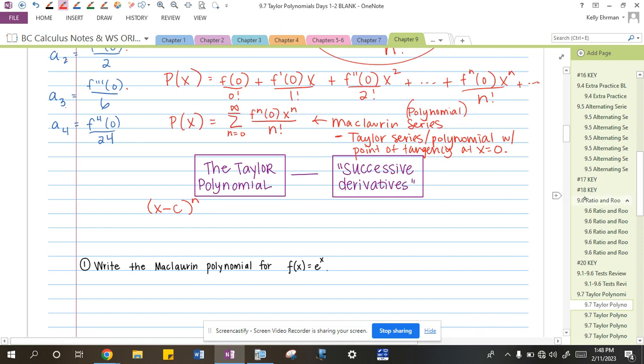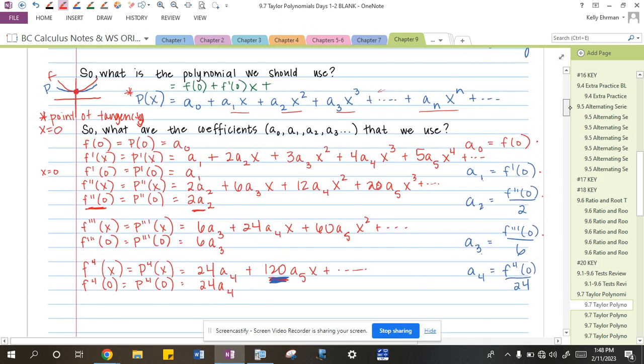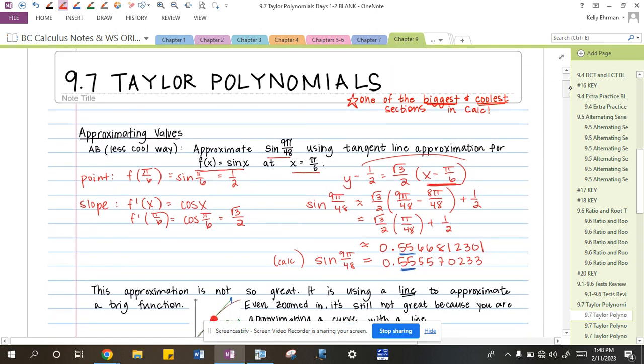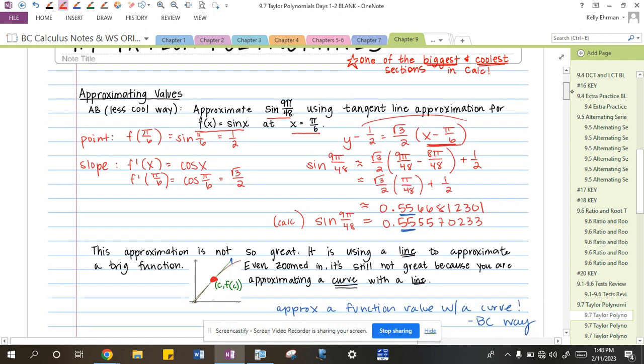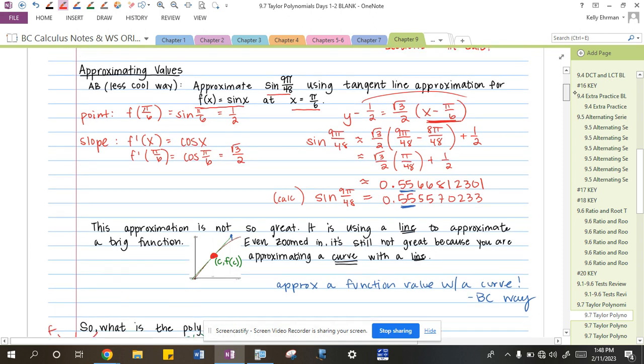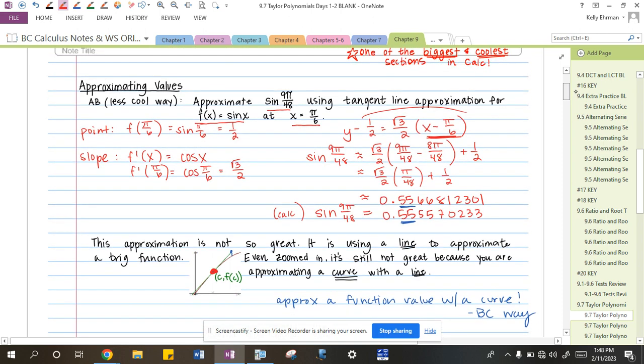So think back to the tangent line that we had. Back to that tangent line equation. I had x minus pi over 6 as part of that tangent line equation. That's because that's our point slope form, but it's also like a little mini polynomial, right? A linear function is a polynomial that helps you approximate a function.